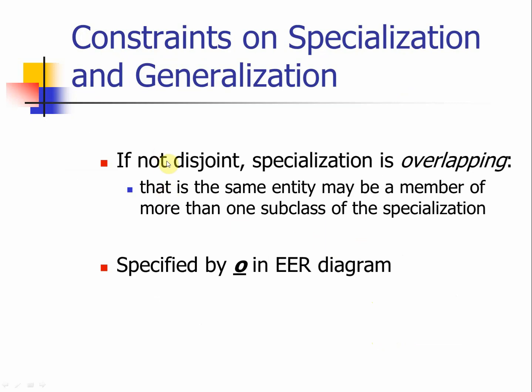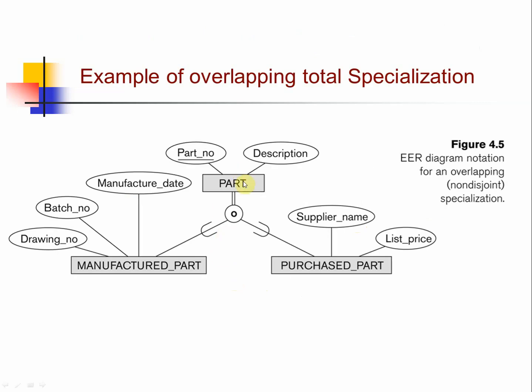If it is not disjoint, it means that you have multiple choices, which we specify as overlapping. That is, the same entity may be a member of more than one subclass of the specialization. And in that case, we will put an O in the small circle. And therefore, you can see that this is the part used in the factory.